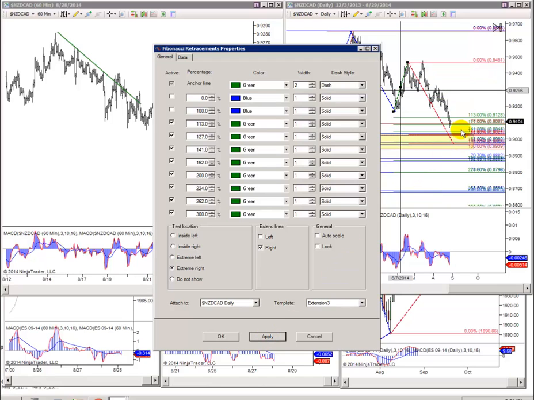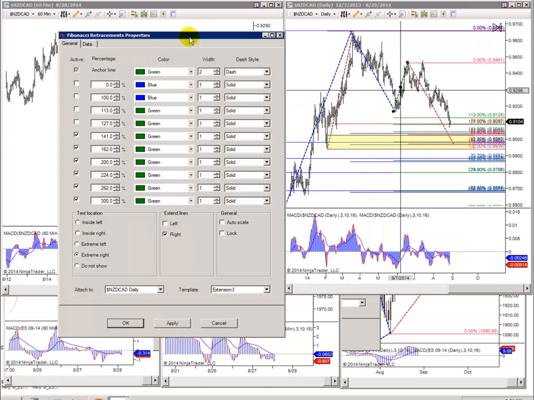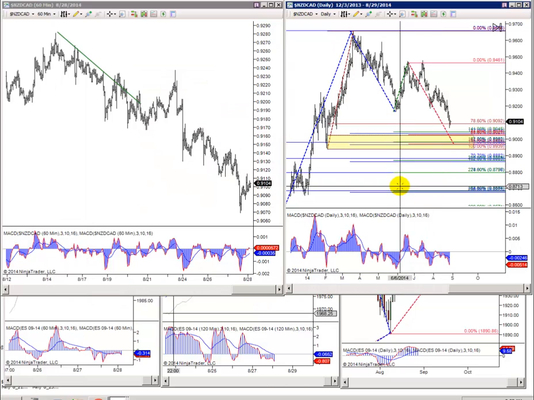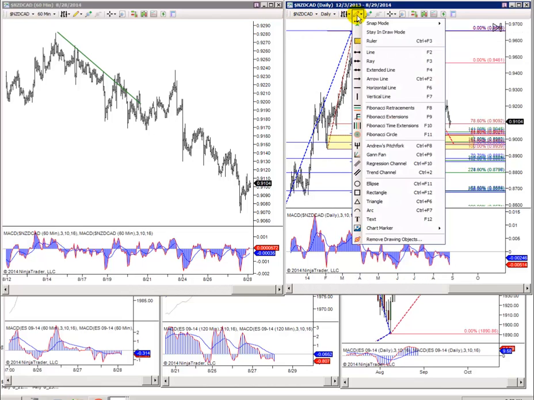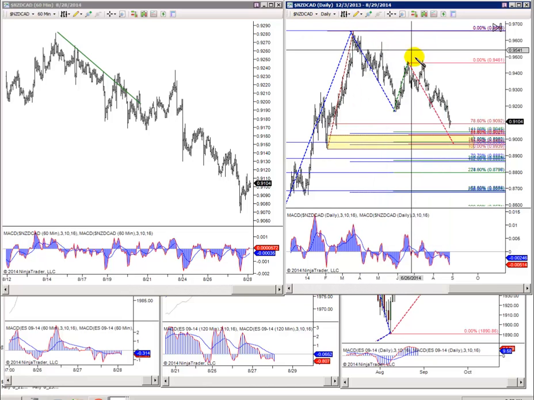All right, we see right away the 141, so we get rid of the 13. All right, we get rid of all that. And we can see the extensions to the downside starting to take shape in here, okay? So we also want to pay attention to the fact that the market is also in an Elliott wave type of manner.